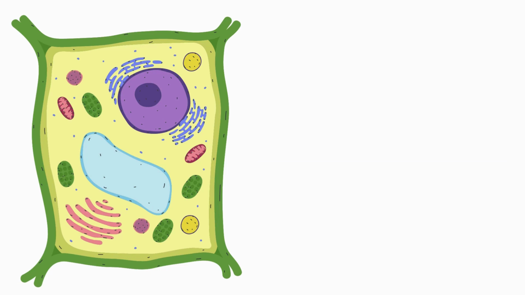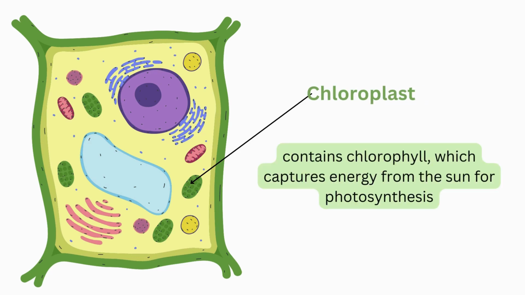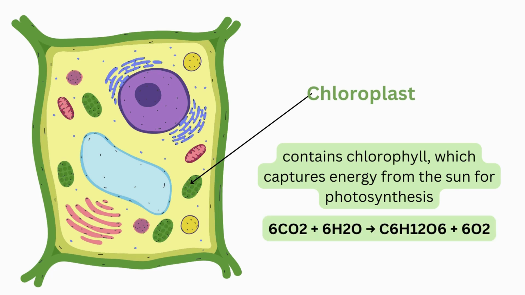Plant cells also contain chloroplasts, organelles that contain a green pigment called chlorophyll. Chlorophyll captures energy from the sun for photosynthesis. Photosynthesis is the process by which plants use sunlight, energy, carbon dioxide, and water to create oxygen and glucose.